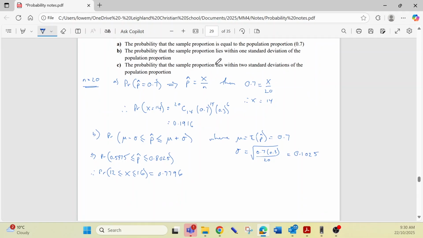The probability that the sample proportion lies within two standard deviations of the population proportion.